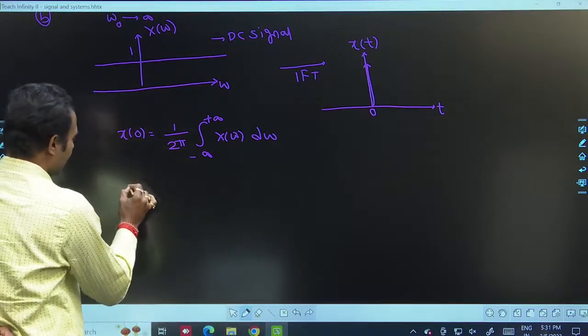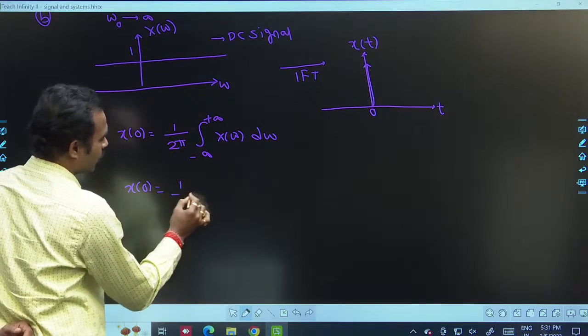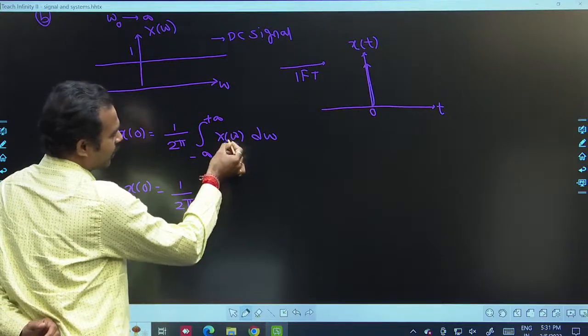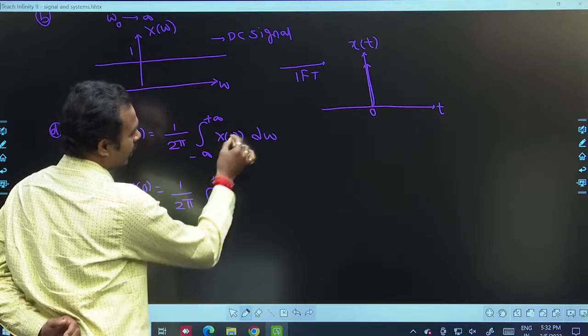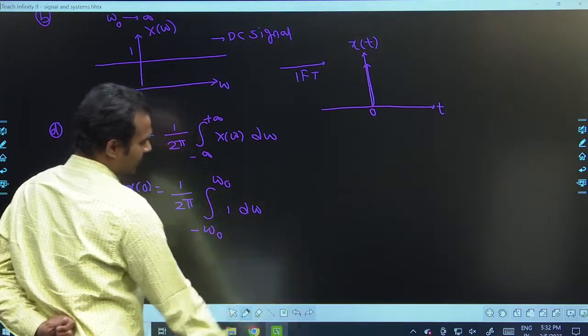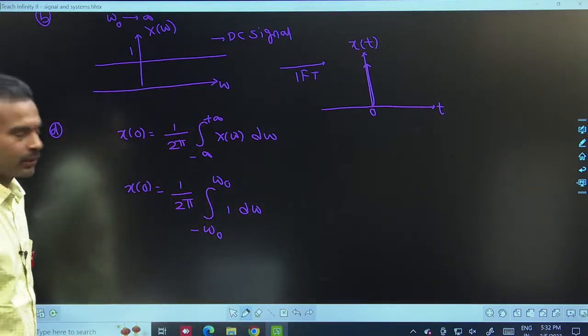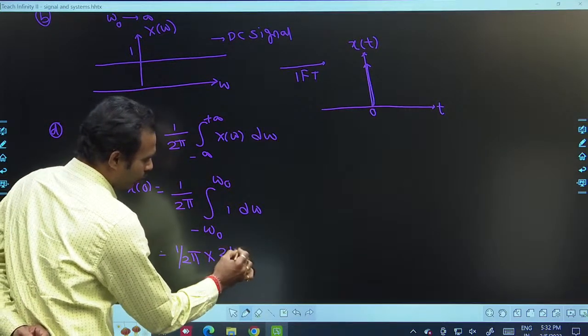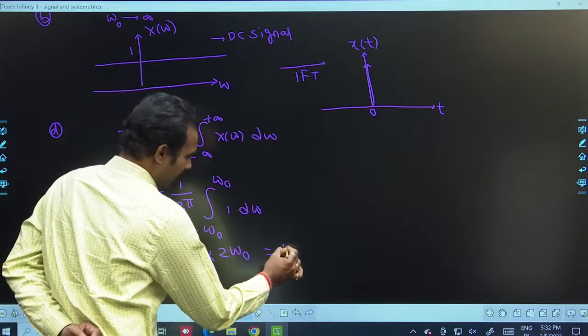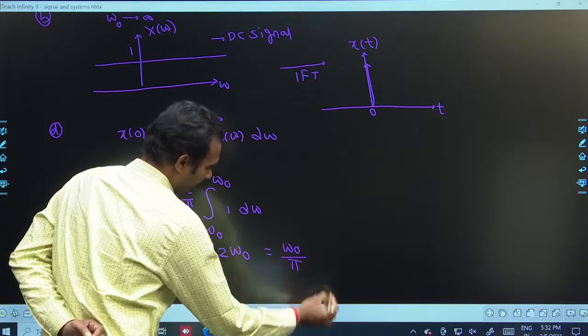Now if you observe clearly, x of 0 is equal to 1 upon 2 pi, where x of omega lies from minus omega naught to plus omega naught and whose amplitude value is equal to 1. That is 1 by 2 pi into 2 omega naught, which is equal to omega naught divided by pi.